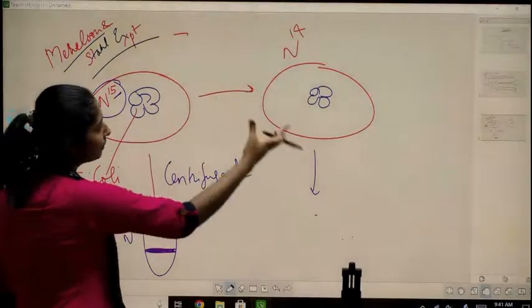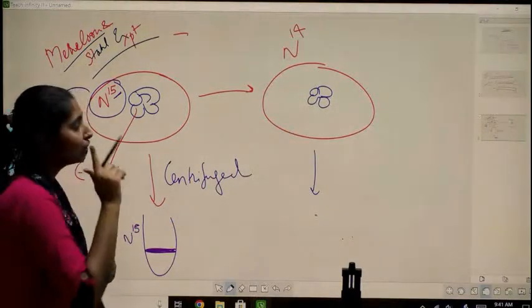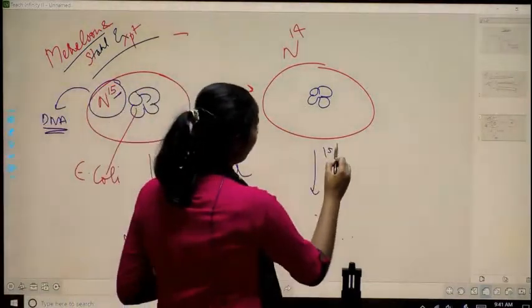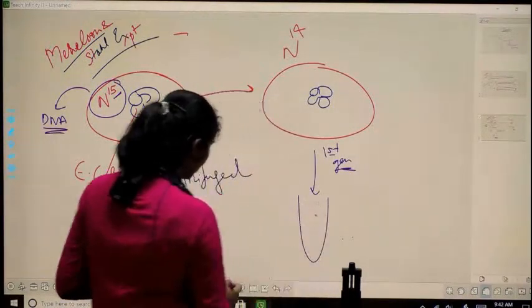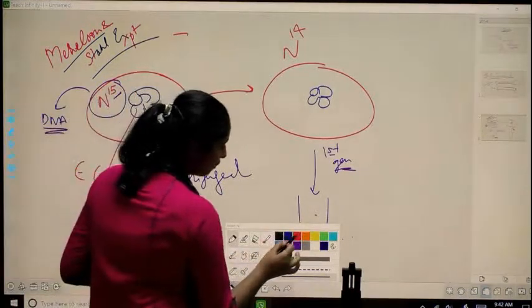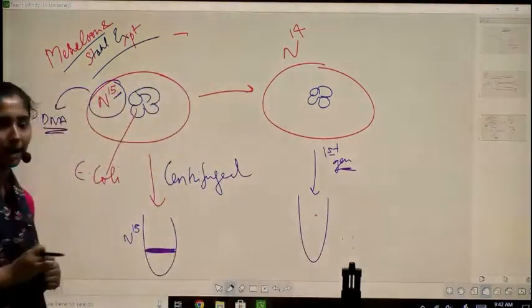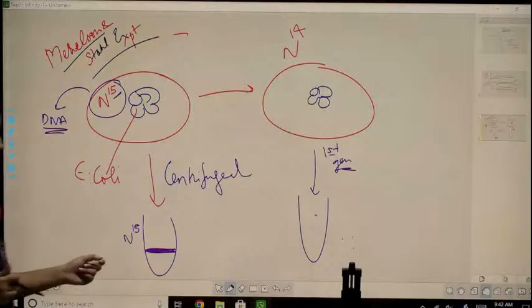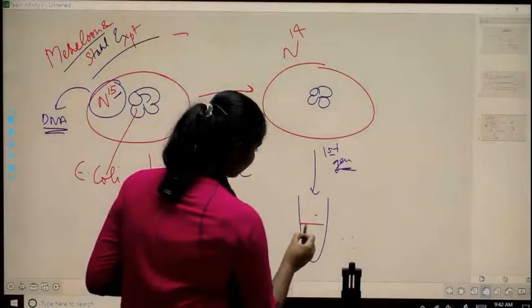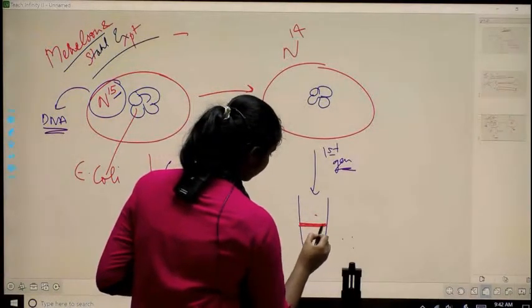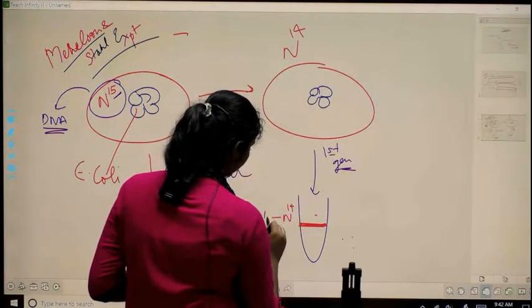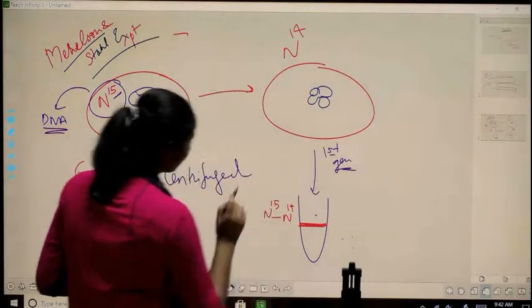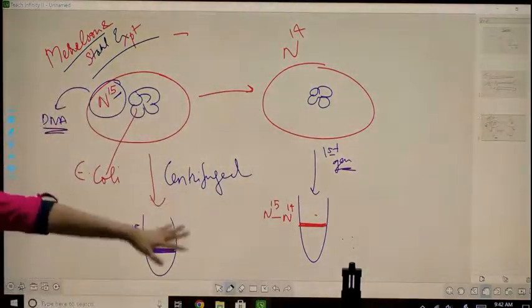Now, after the bacteria had been transferred, the first generation that we got was again centrifuged. And on centrifugation, what did we observe? We saw that this time we got a band that was lighter than the N15 band. So why are we getting two bands till now?